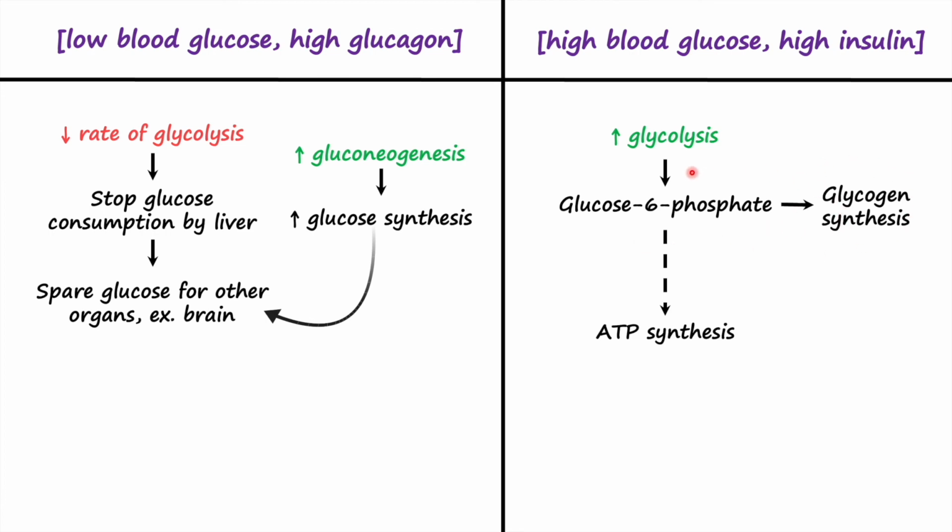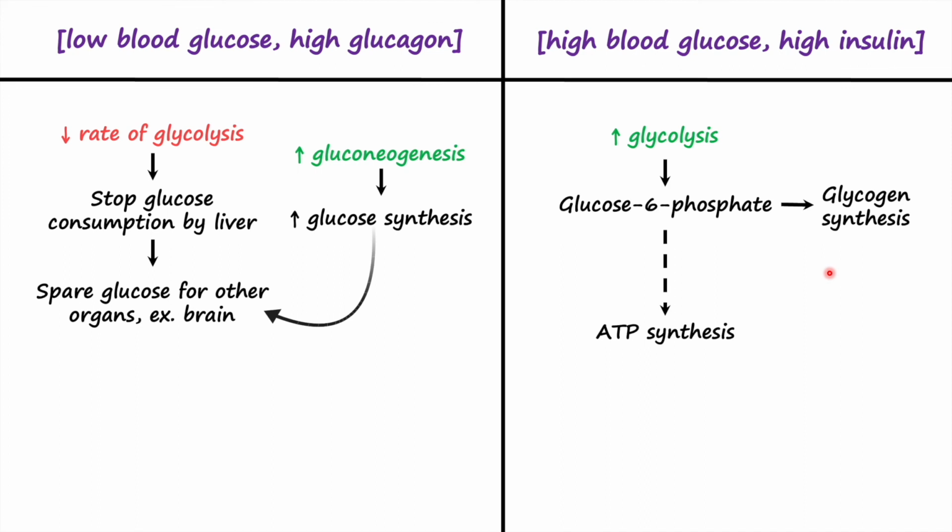This means that the glucose is now being stored as glycogen in the liver, and when there is a requirement or when there is low blood glucose, this glycogen can be broken down to synthesize glucose, and then that glucose can be used by other organs. So this is the allosteric and hormonal regulation of three important glycolytic enzymes.